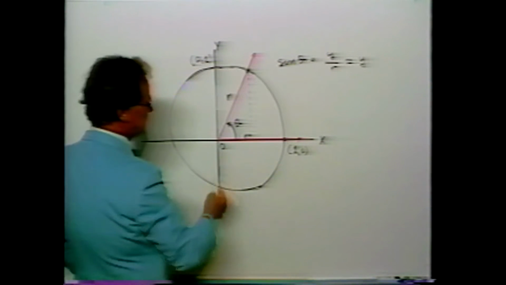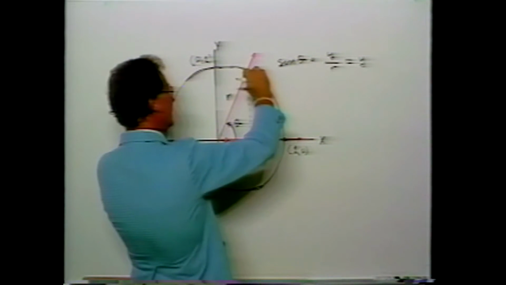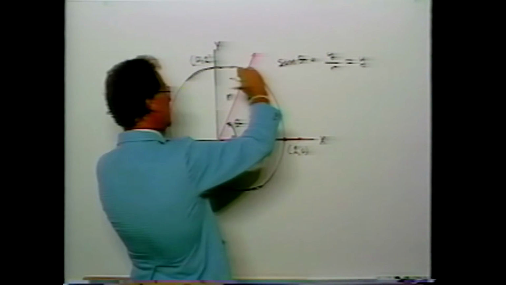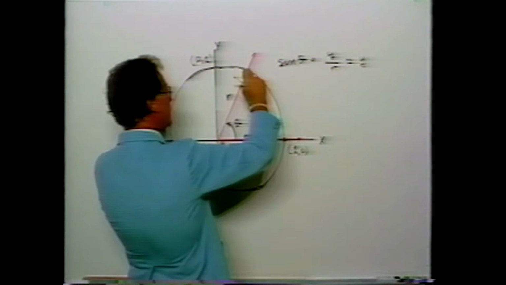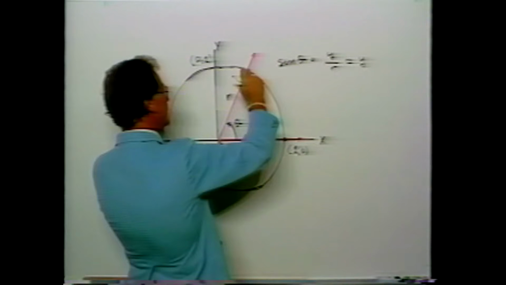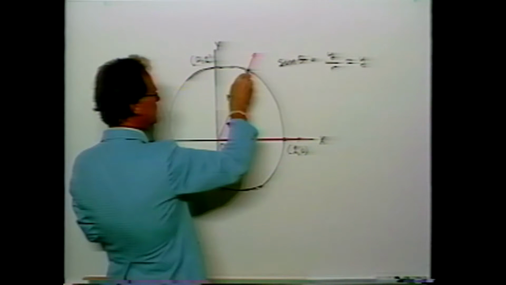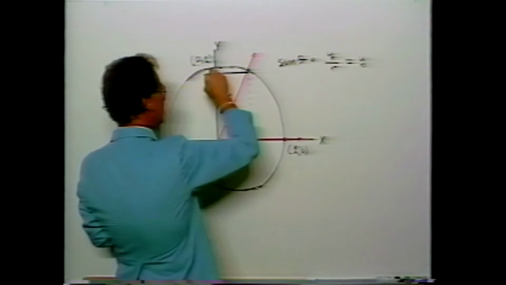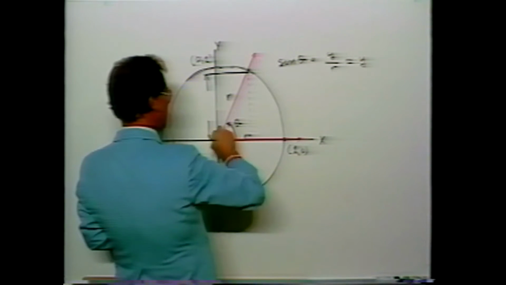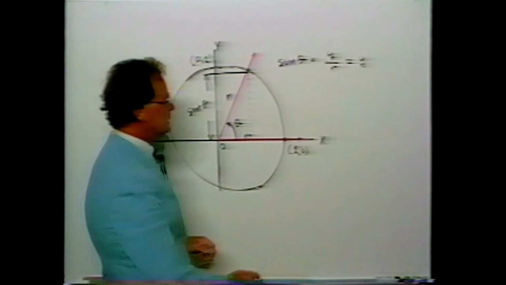This indicates that if you take the vertical projection of the terminal arm from the point to the y-axis, that's the length that you would get. This distance here is the sine of theta.